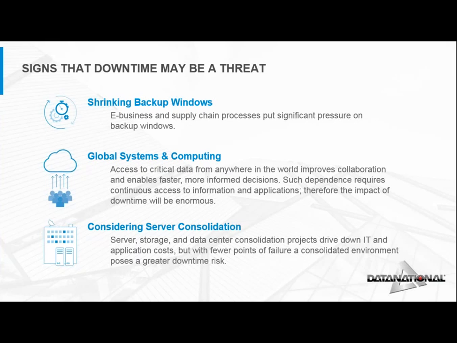Where they had maybe 15 or 20 physical servers running applications, they may be down to 3 or 4 systems now. So you may have 5 or 6 systems running hundreds of virtual servers and some shared storage. That means you have a lot more applications running on fewer hardware, so you have some risk there.